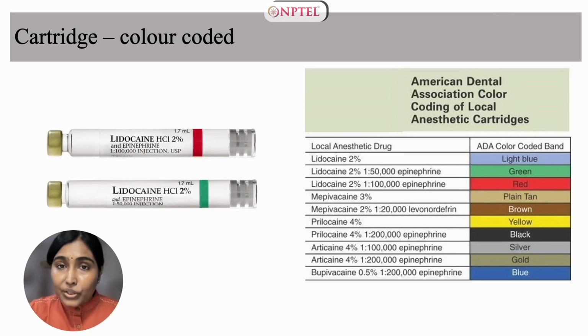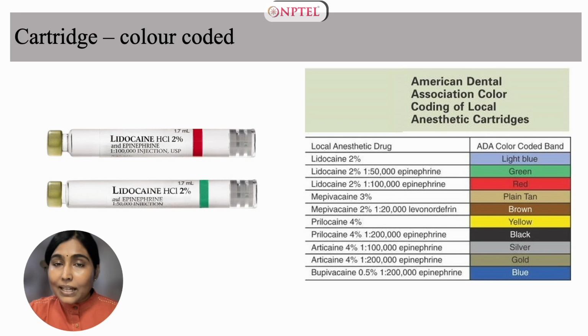The dental cartridges are color-coded to indicate the concentration as well as the type of anesthetic and vasoconstrictor which is present inside. The American Dental Association adopted this color coding system in 2003. For example, green indicates lidocaine cartridges with 1 in 50,000 epinephrine, and red indicates lidocaine cartridges with 1 in 1 lakh epinephrine.